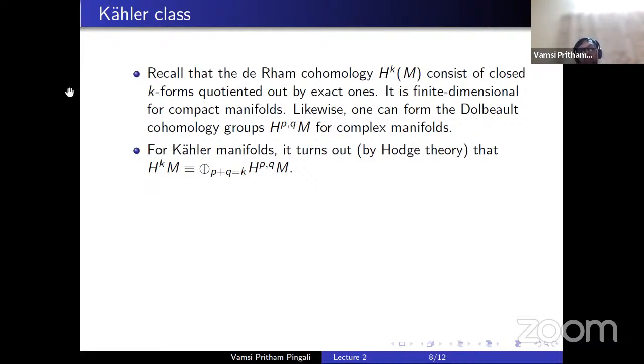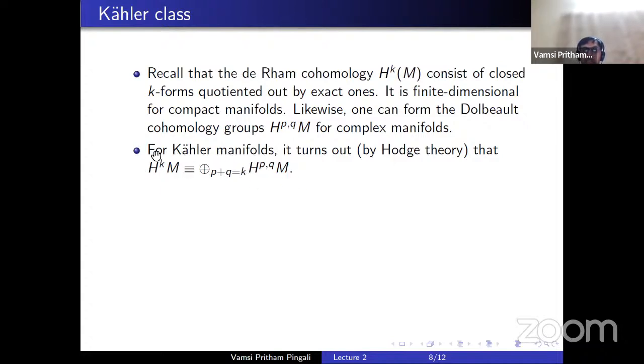How do you prove it? Well, Hodge theory, very quickly, says that every cohomology class on a compact manifold has a very canonical representative satisfying a certain PDE. It turns out the representative for this particular class is exactly the sum of the representatives of these things.